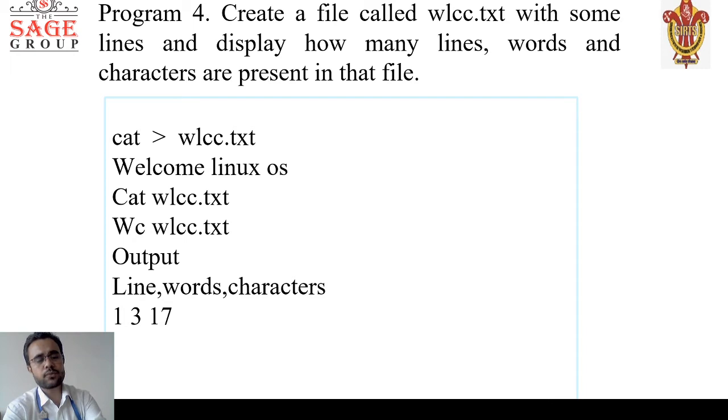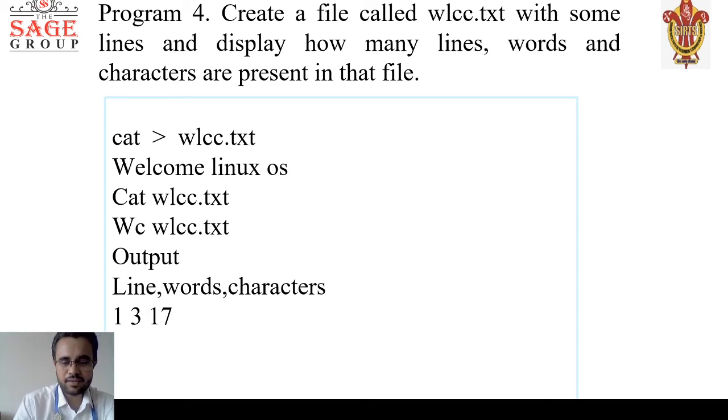After that I will give you one more command, that is wc. The wc command counts the lines, words and characters present in a file. The output will be 1 3 17, where 1 is one line, 3 is three words and 17 is the characters.